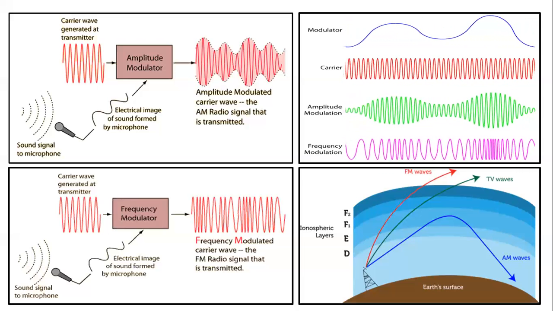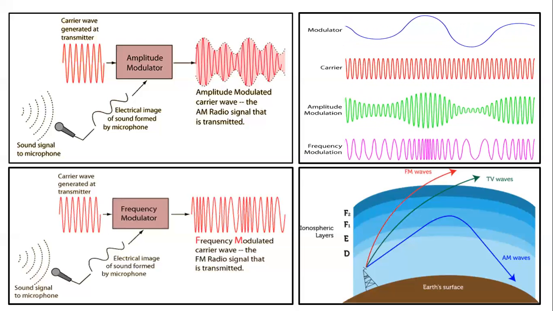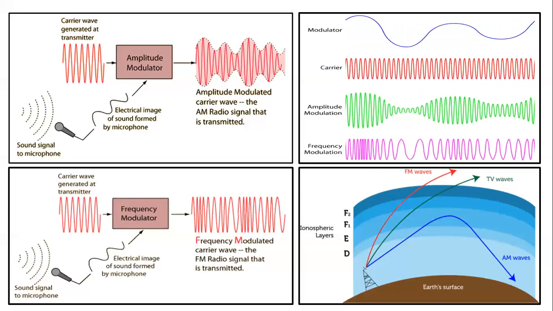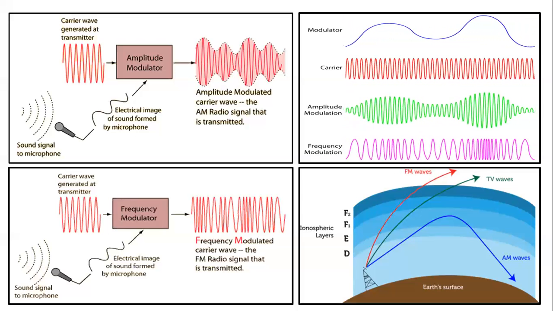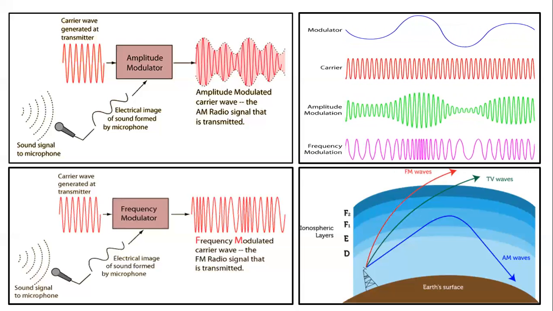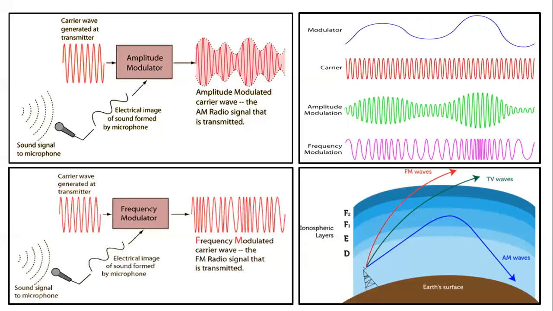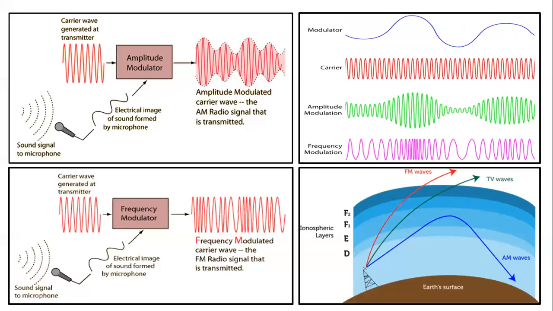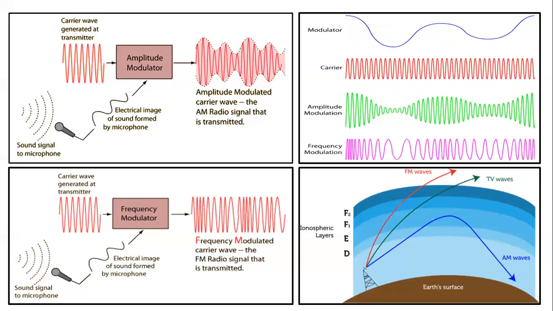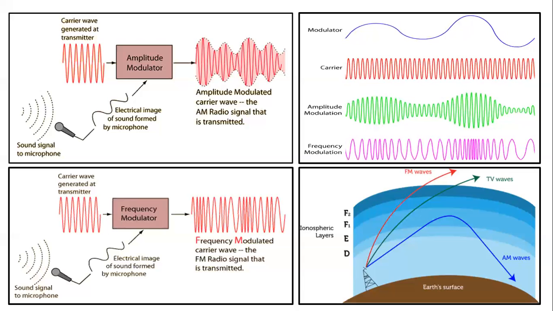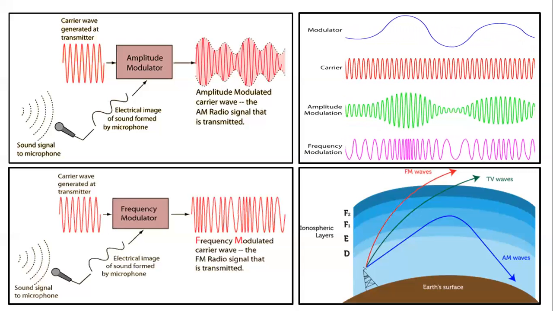Notice that the FM waves actually have enough energy that they're able to escape the ionosphere and travel out into space. AM waves, on the other hand, have less energy and bounce off the ionosphere and back to the Earth's surface.